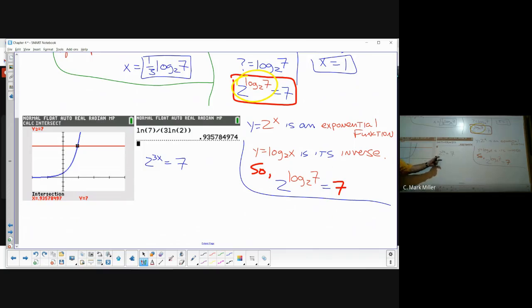Another way to do this is to take log base 2 of each side. Because log base 2 and 2 to the x are inverses. So I could take log base 2 of the left equals log base 2 of the right.